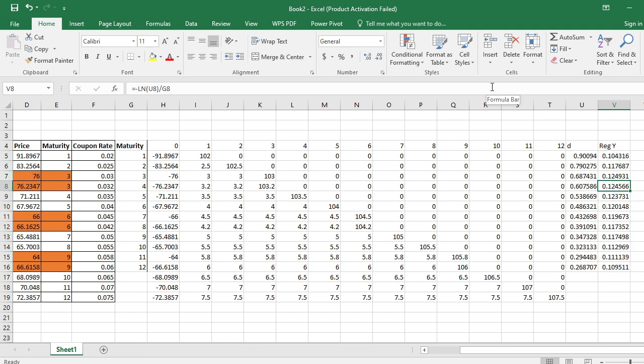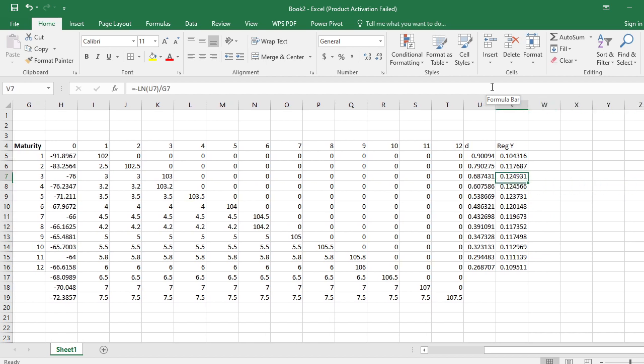So these are the yield rates as determined by the regression. See how the regression solved the problem of multiple bonds with the same maturity. The next thing is I need to find NS weights, NS yield.